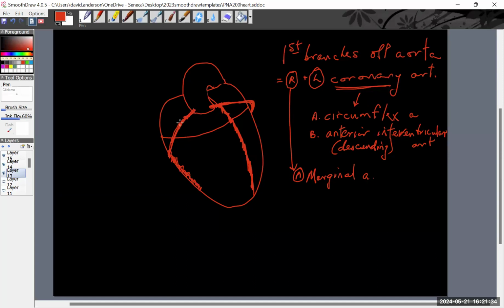Okay, and then the second branch is the posterior interventricular artery. And also often we'll have that word descending. That's just giving you the direction. It's going downward. So it would branch off like this.